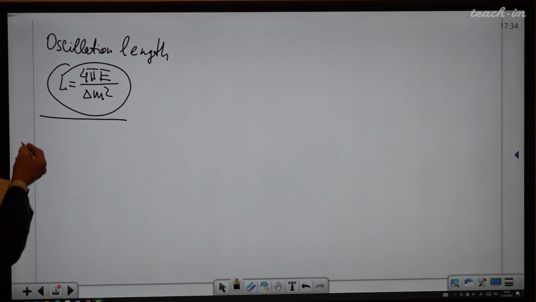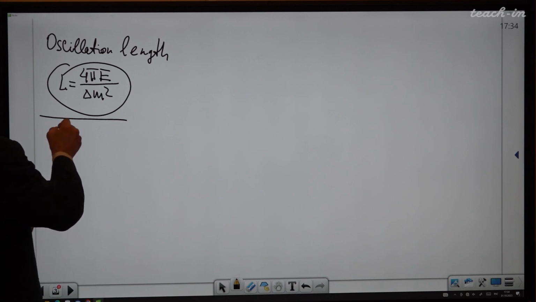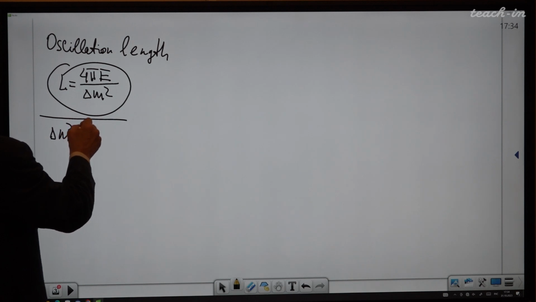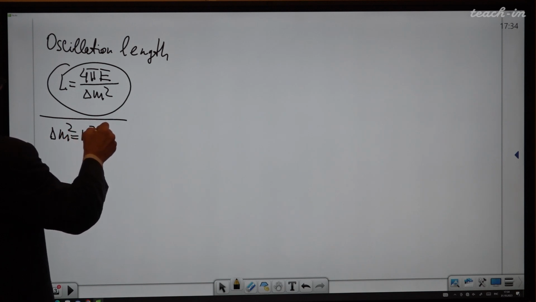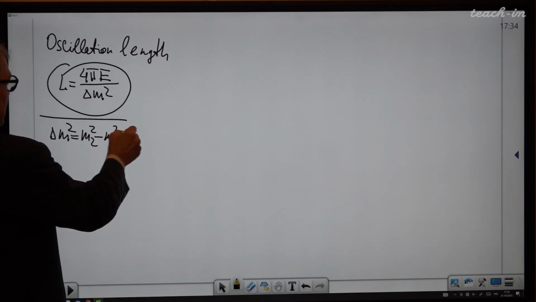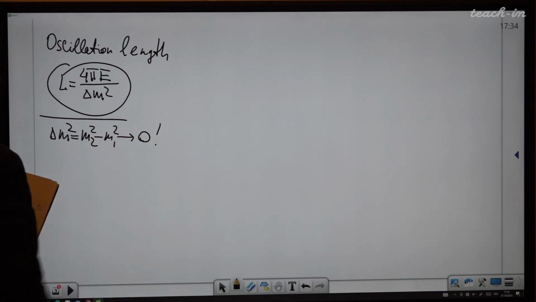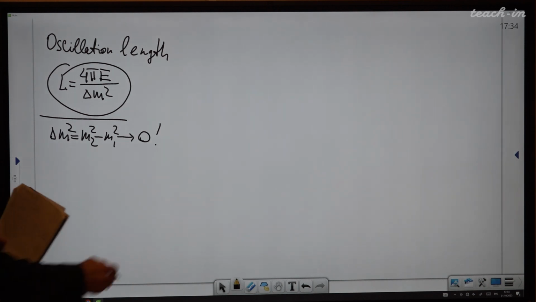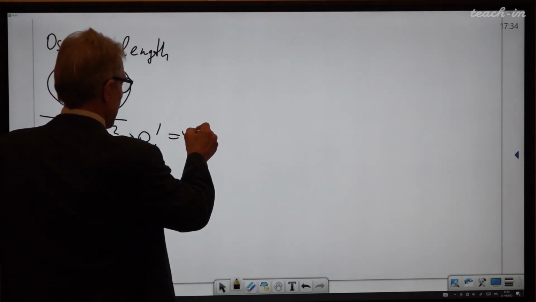What is also important: if delta m squared, equal to the second mass squared minus the first mass squared, tends to 0, there are obviously no oscillations.